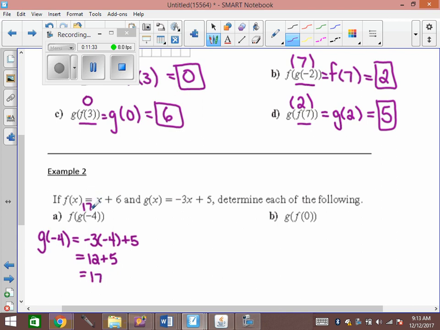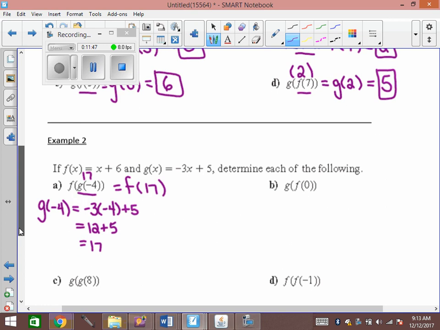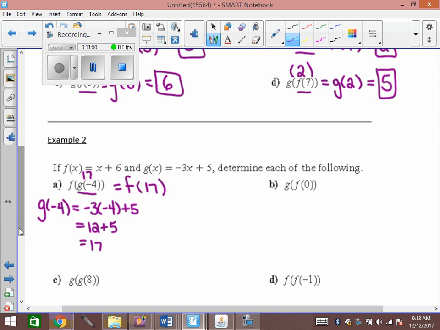So instead of going to my graph and pulling it off the graph, I'm literally just finding G of negative 4, right? And now I can replace G of negative 4 with 17 because that's its output and it's the input of F now. So I'm going to find F of 17. So F of 17 equals 17 plus 6. So it is 23.